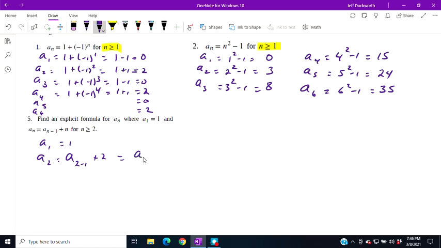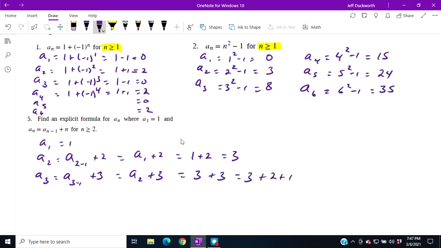And that's a1 plus 2, which is 1 plus 2, which is 3. a3 is a(3-1) plus 3, which is our n. That's a2 plus 3, which is 3 plus 3, but this is also 3 plus 2 plus 1, as before we have that. All right, and this gives us 6.